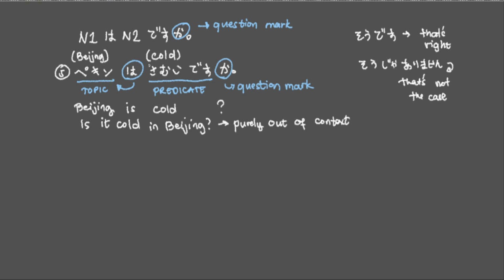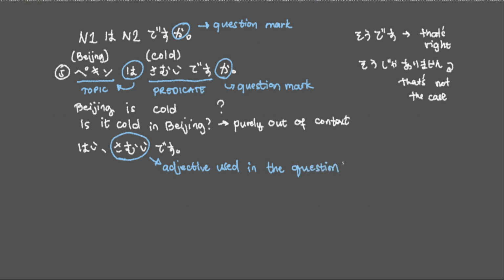Repeat the adjective in the question sentence after confirming yes or no. So we answer this as はい寒いです。はい寒いです。Okay, so this is the adjective used in the question, right? So we repeat it when answering.